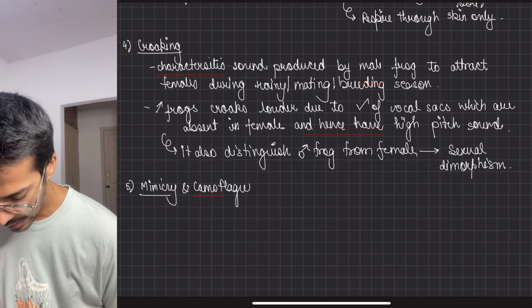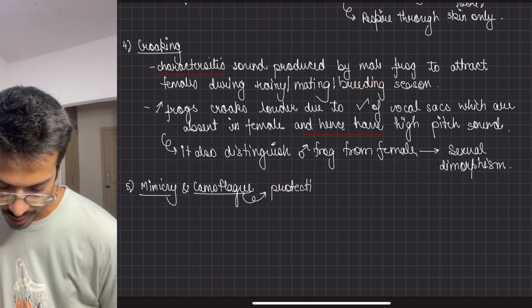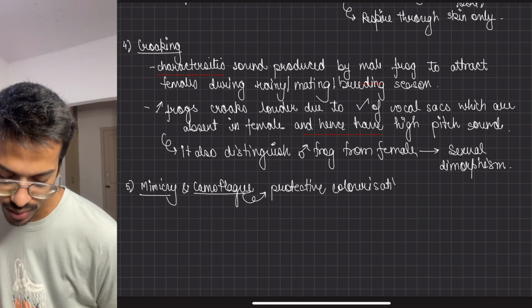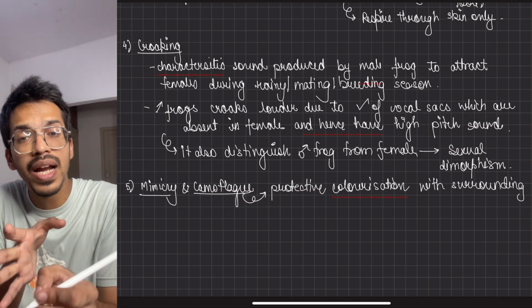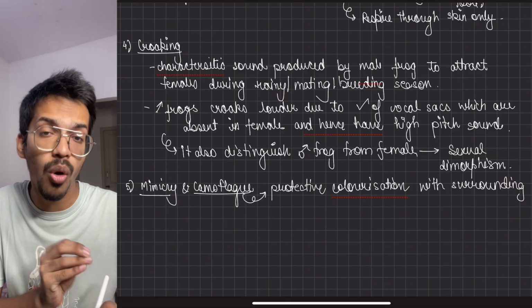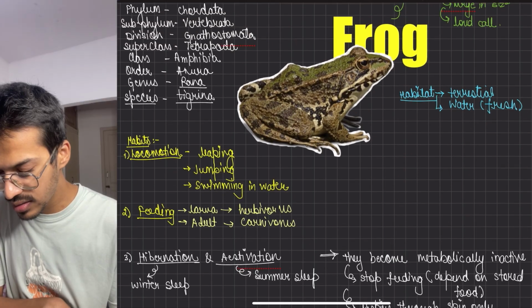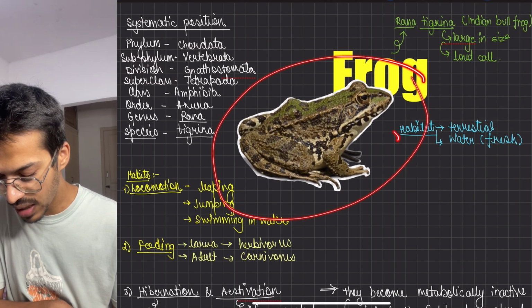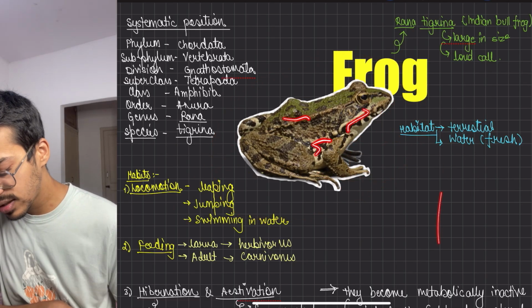Camouflage is protective colorization with surroundings, environment. So non-living objects and all, it easily gets blended with them because of its olive green color. Because if you see, this color can easily look like what? It looks like grass and the mud and the soil, or the patches of the thing.